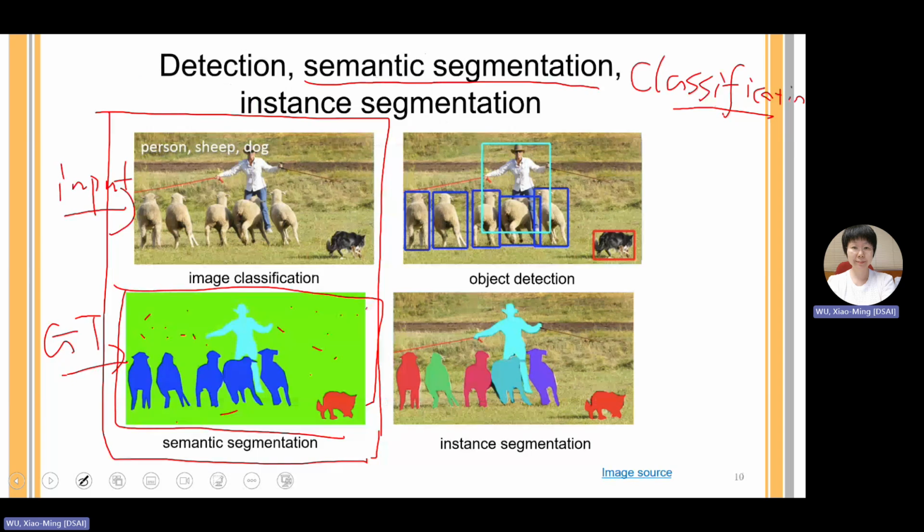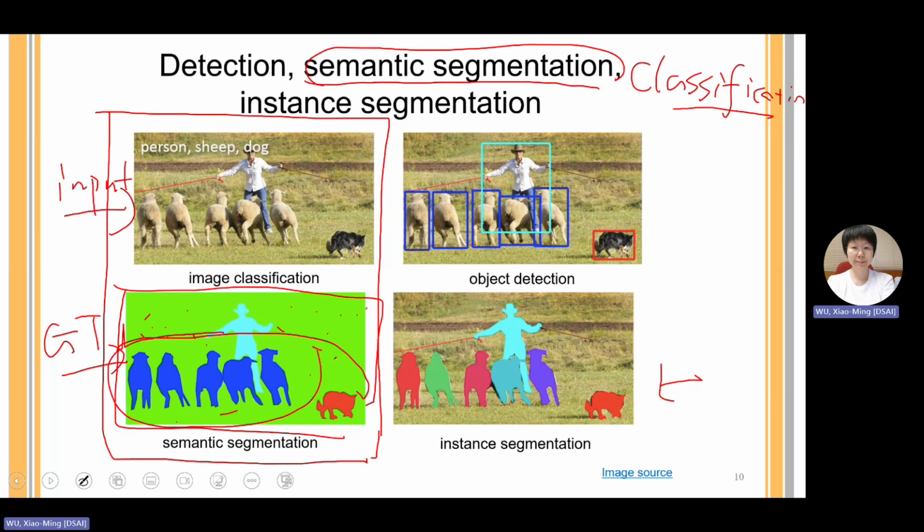Okay, then what's the difference between semantic segmentation and instance segmentation? Well, it's pretty obvious from the figure. In semantic segmentation, it doesn't distinguish between individual objects.